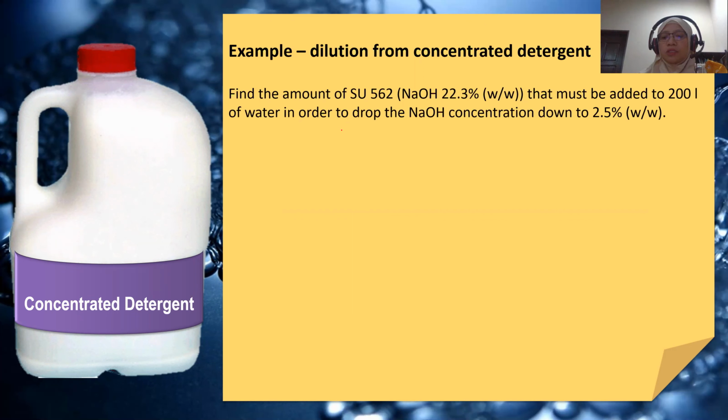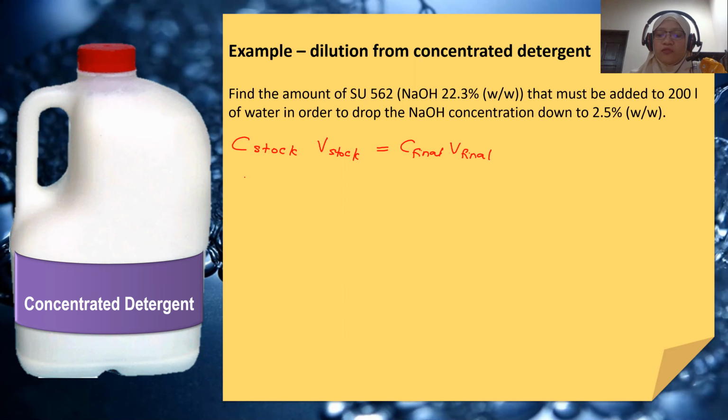So let's write the equation of the stock dilution: C stock times V stock, where C stands for concentration, is equal to C final times V final, the volume that we need.